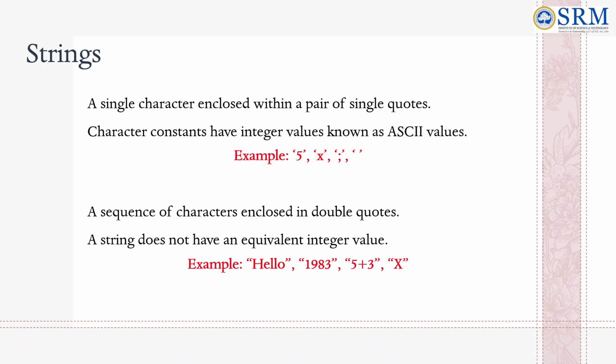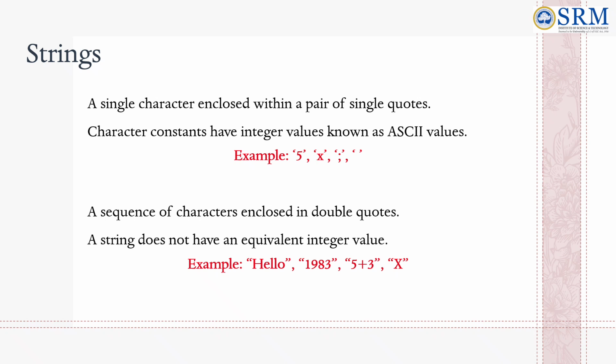Strings are one among C tokens. We have seen what a string is already. Let me recollect again. Strings are nothing but a sequence of characters enclosed within double quotes. So this group of characters, when enclosed within double quotes, forms a string.